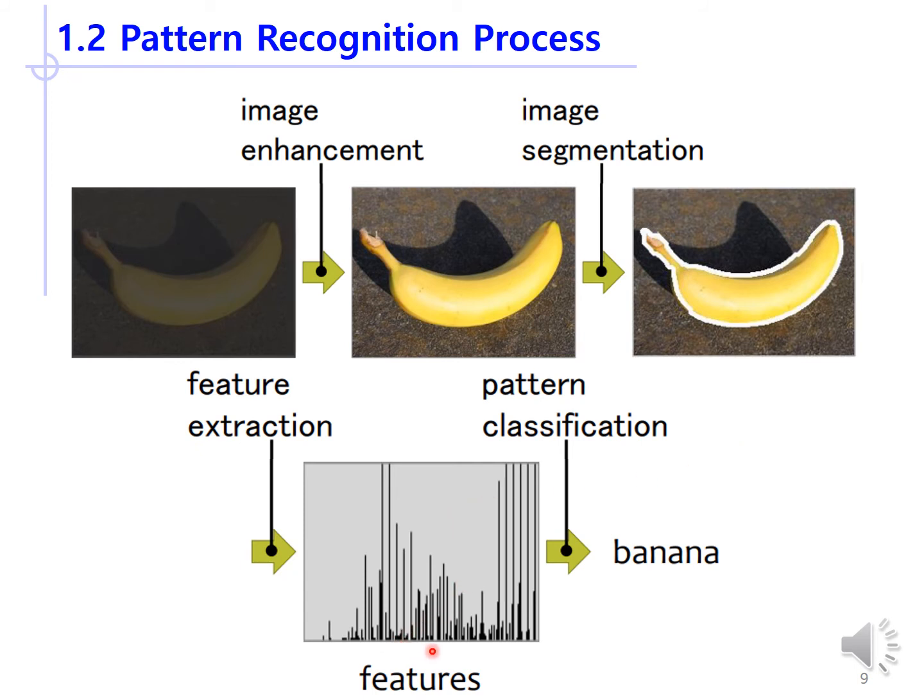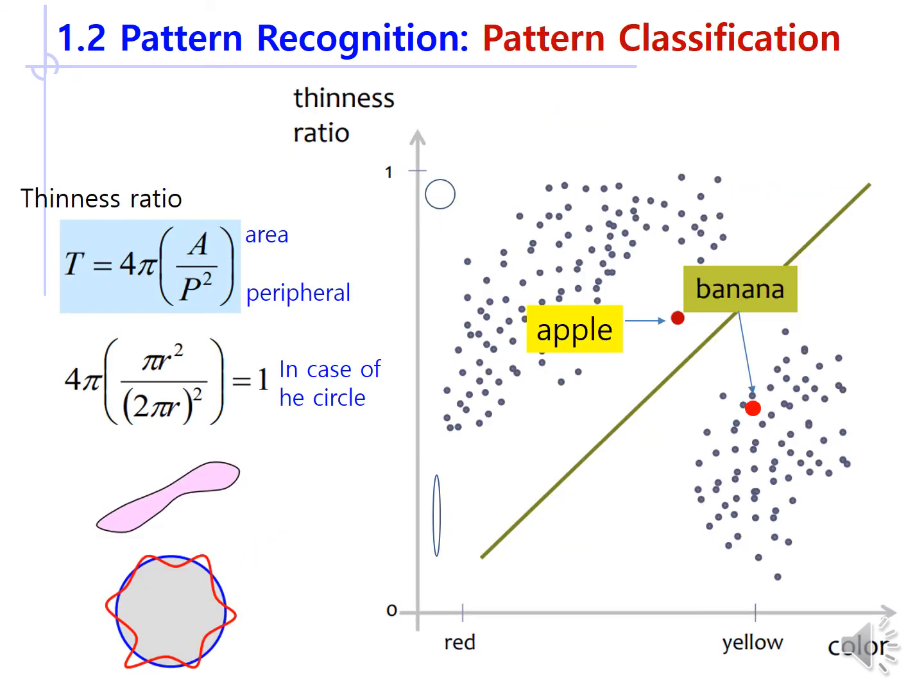Then you need to decide which group this currently extracted feature belongs to. So it is a pattern classification process. Then the best match will be the answer of the pattern classification.